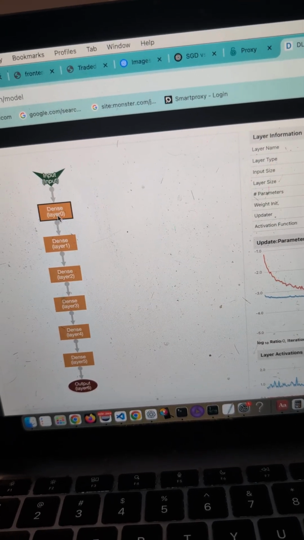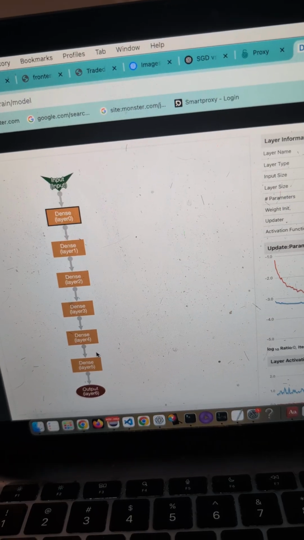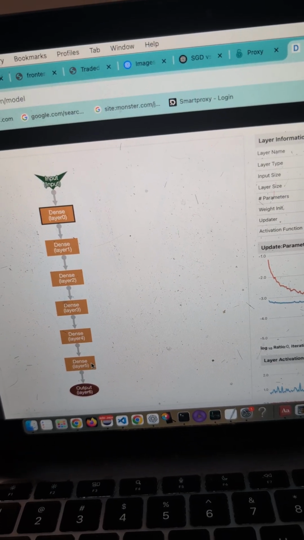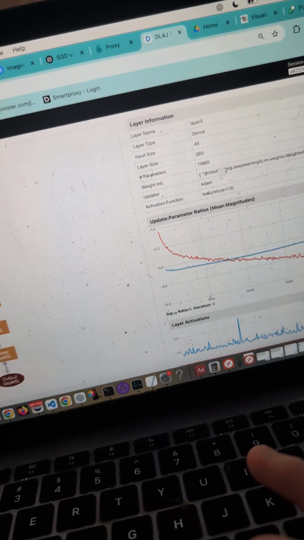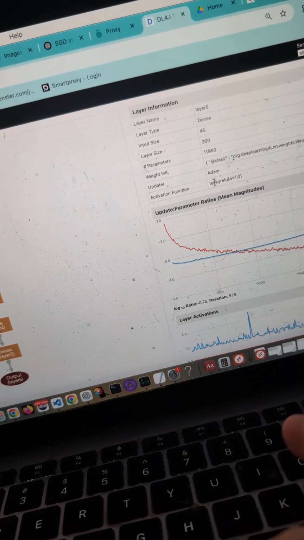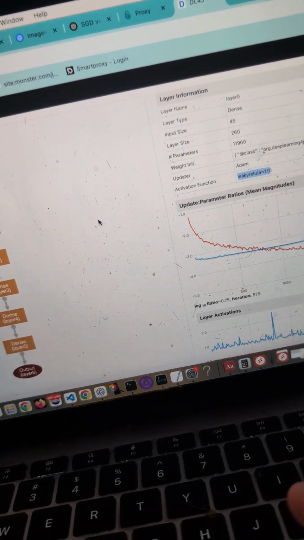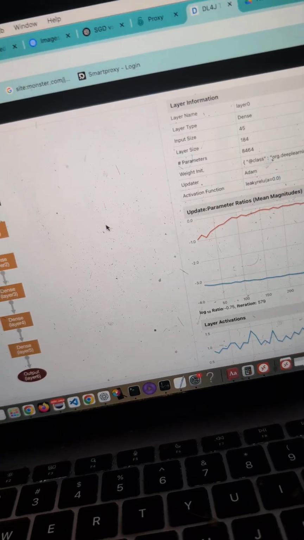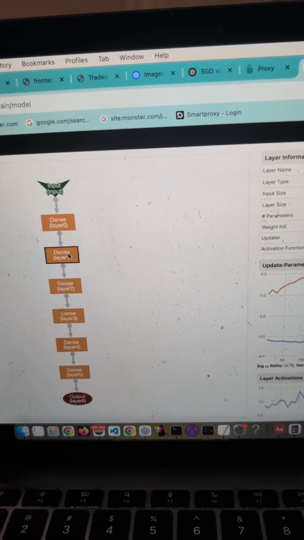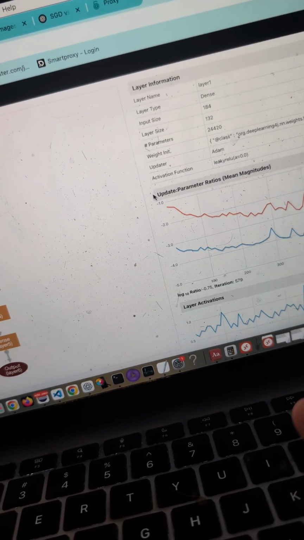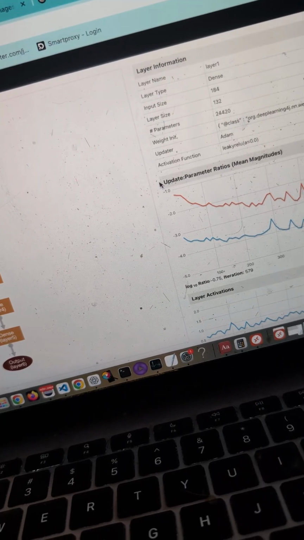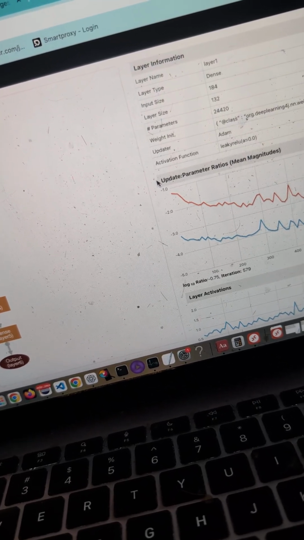It randomly generates a neural network with between 3 and 8 dense layers. We're looking at one right here. It has an identity function where leaky ReLU alpha equals 1. Leaky ReLU alpha equals 1 is an identity function. This one is a regular ReLU function where alpha equals 0.